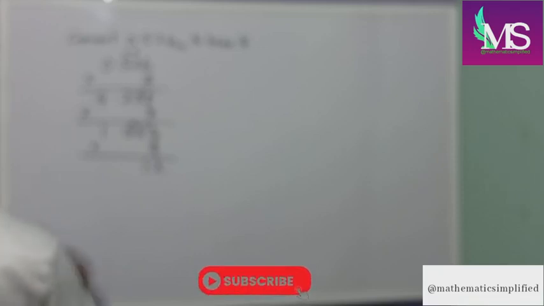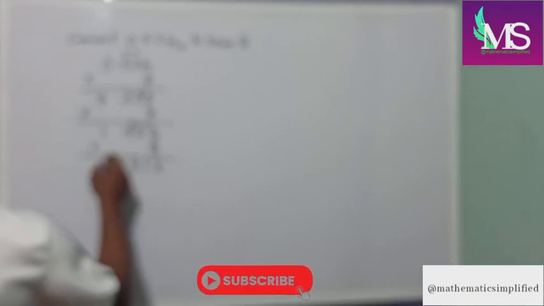Now, times 8 again. 8 times 4 is 32. Alright, we write down 2. Carry 3. 8 times 6, 48, plus 3, 51, write down 1, carry 5. 8 times 6, 48, plus 5, 53, we write down 3, carry 5.